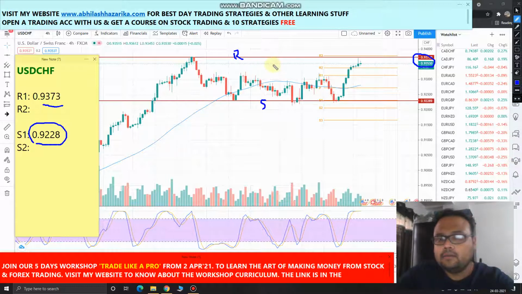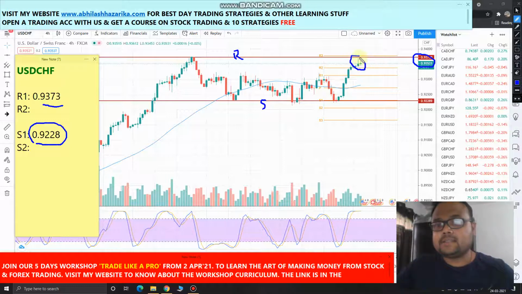As we all know, what do we need to do in a range bound market? When the price is near the resistance, and if we see some price rejection from above, or candlestick patterns like this, then we can short the market.